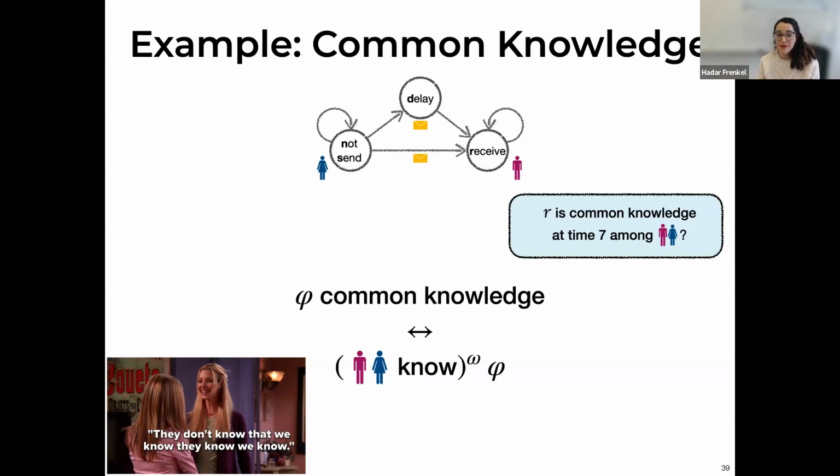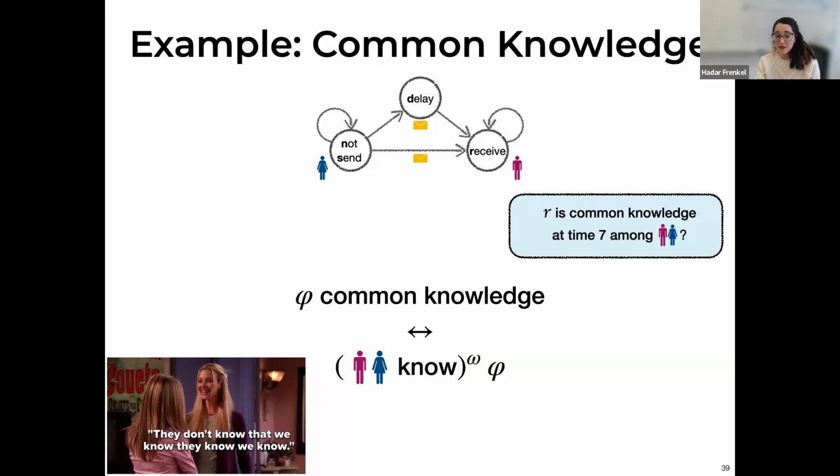And you sometimes want to make sure that you reach this level of common knowledge, which I cannot repeat infinitely often, in order, for example, to achieve consensus. So this infinite repetition is some kind of a problem here.